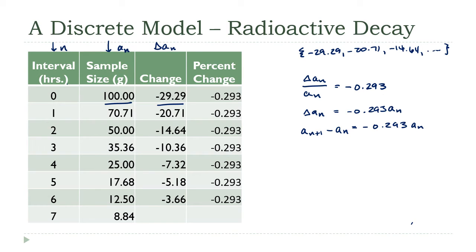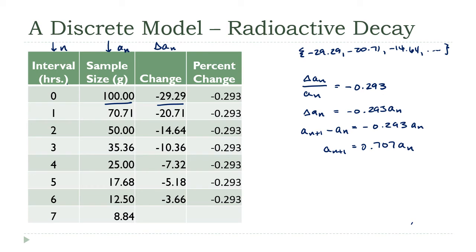And now, finally, let's add A sub n to both sides, right? Because I see I've got one on both sides. If I do that, I get A sub n plus 1 equals 0.707 A sub n.